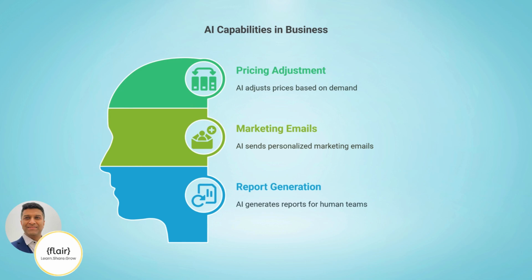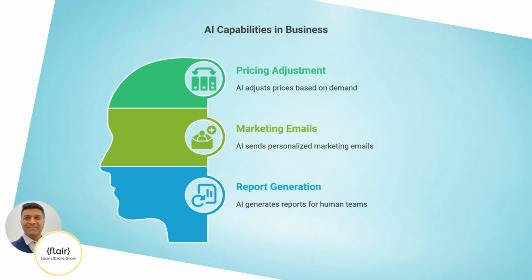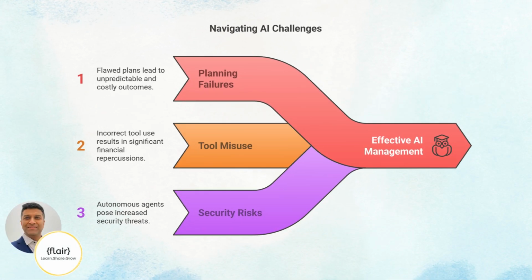It could use an API to adjust pricing based on demand, send personalized marketing emails, or generate reports for the human team. That's the power of combining planning with tool use. The chapter also talks about function calling, where developers define specific functions that the agent can use, making this integration seamless.